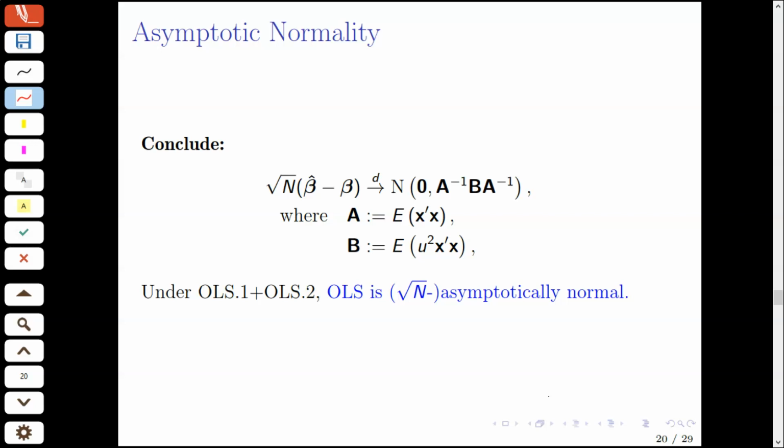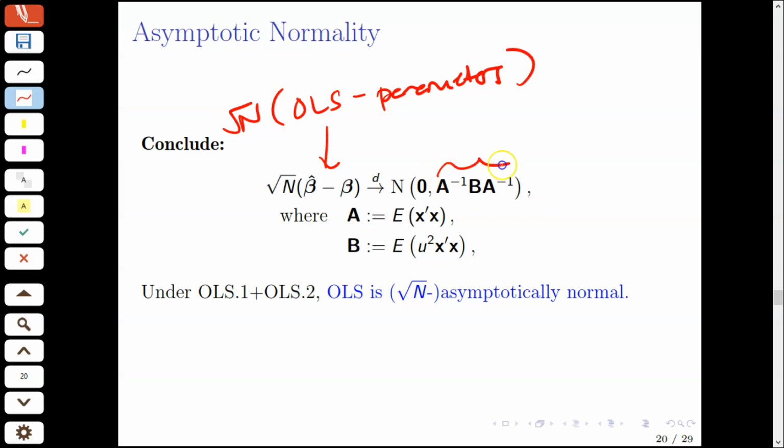As the sample size goes to infinity, or grows without bound, the difference between the OLS estimator and the parameters that we're trying to estimate, when scaled by square root n, converges in distribution to a mean zero normal, with variance given by a sandwich formula. So this is the sandwich that I'm talking about.